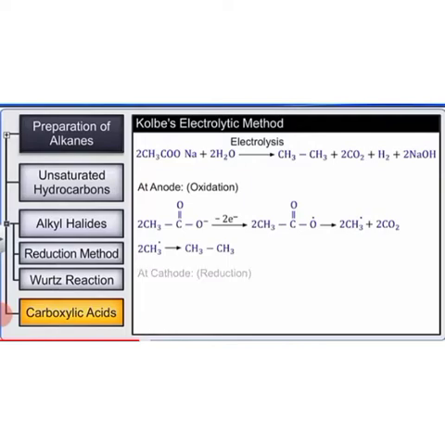At cathode, water molecules accept the electrons and split up into hydroxyl ions and hydrogen free radicals. Two such hydrogen free radicals combine together and form hydrogen gas. Thus, in coal-based electrolysis method, alkane is produced at the anode.